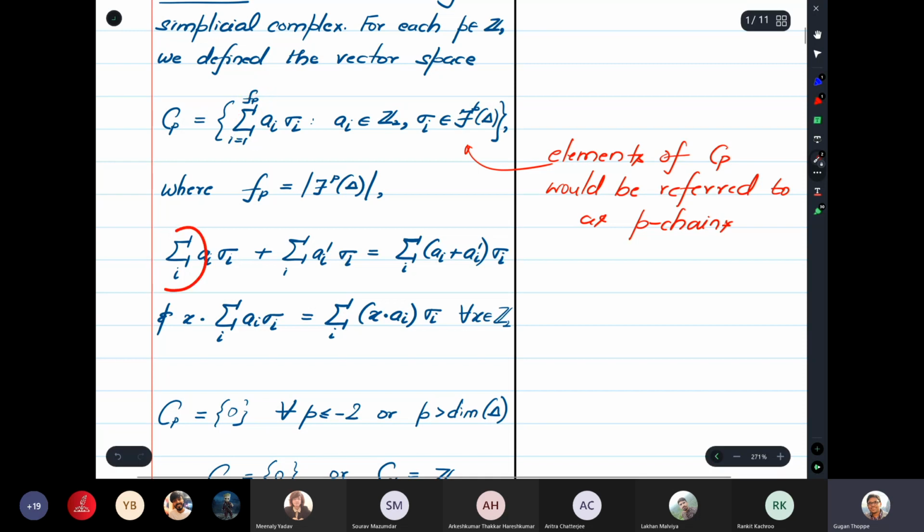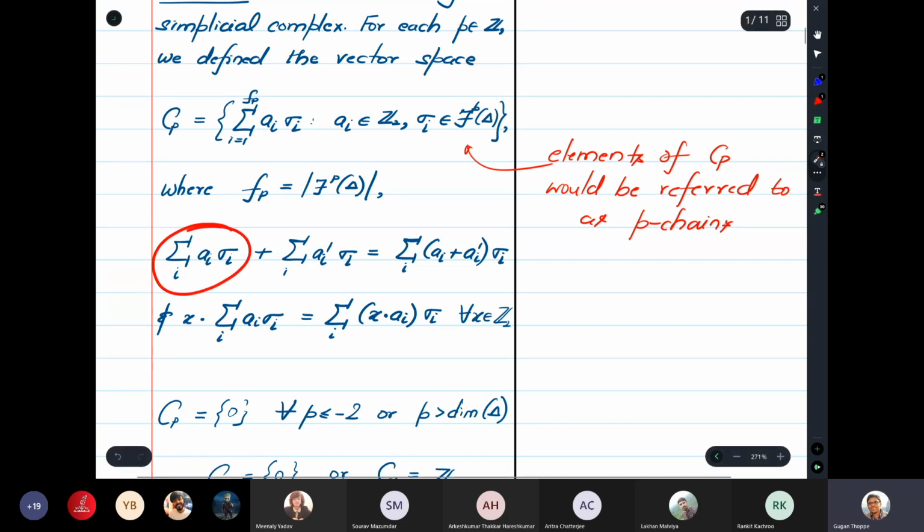I'll just say summation over i, and this has to be interpreted as i going from 1 to little fp, where little fp is the cardinality of the set of all p-dimensional faces, which means that little fp denotes the number of p-dimensional faces in delta. I won't repeatedly write these indices. It has to be understood from now on. I'll simply write summation i, right?